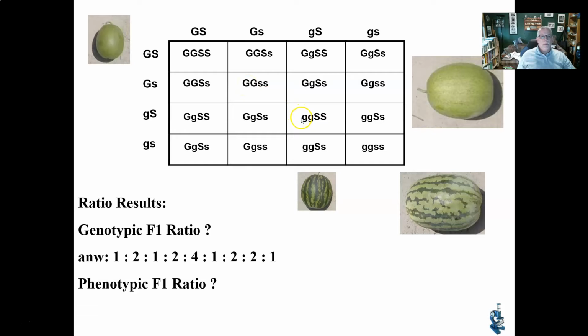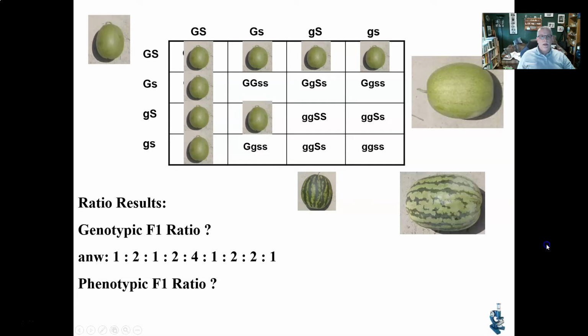And what about this one? That's a striped long one. And this one right here, that's going to be a long striped one. So, if you do the ratio for this, the answer is, you know, I may have said that wrong. I do apologize. Let's go back. Here it is. You're going to have 9 that are going to be short and solid.